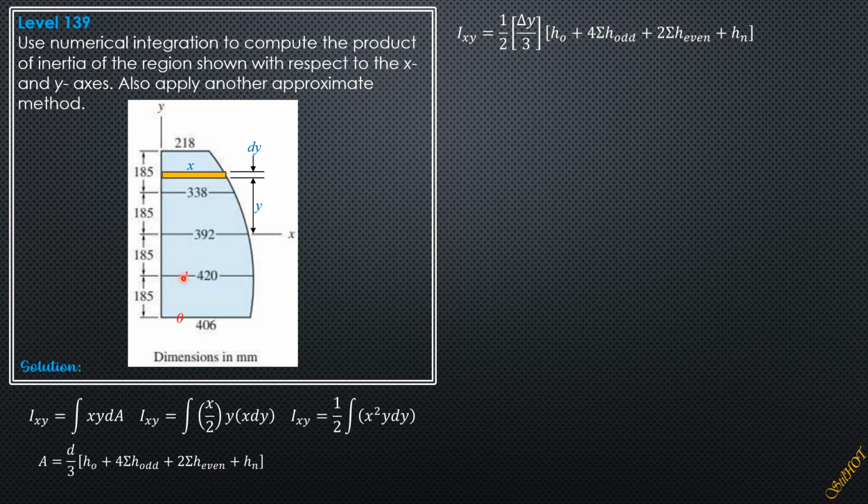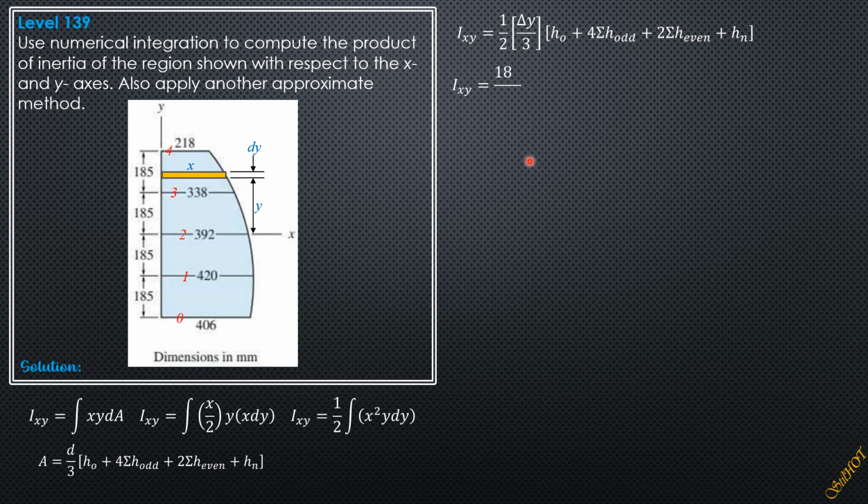It is 185 below the x-axis. Then next is 2, h2. X is 392, so 392 square, but its y is 0. It is on the x-axis. 338 square, y is positive 185. 4 is 218 square, y is 370 rather.